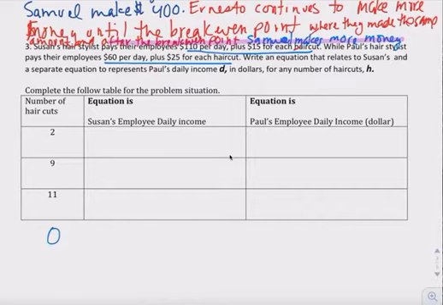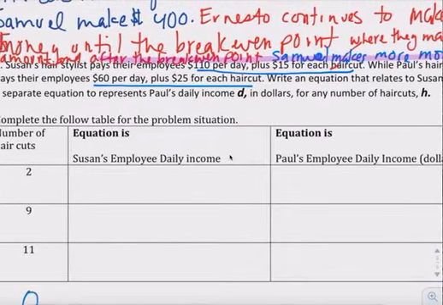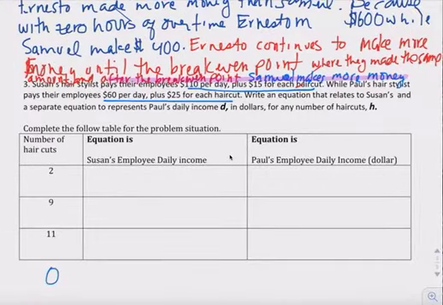Okay. Look at Susan's. Write an equation, circle this, that relates to Susan's and a separate one that represents daily income. It's already in daily income, so we don't use the per day one. It's already daily income.